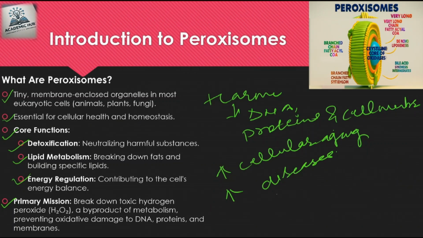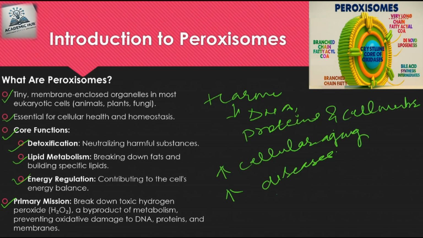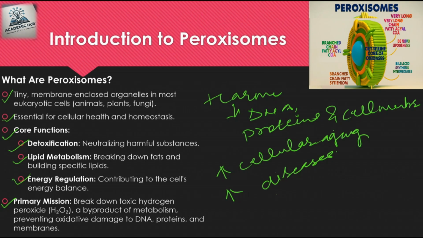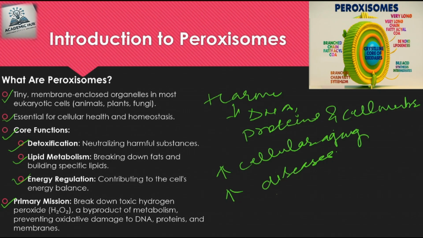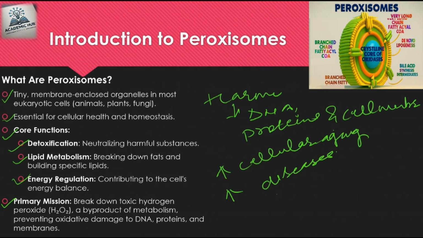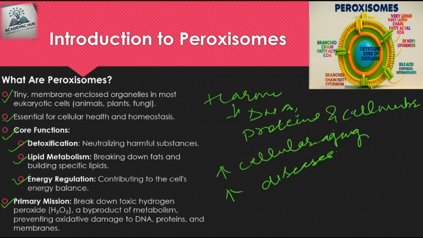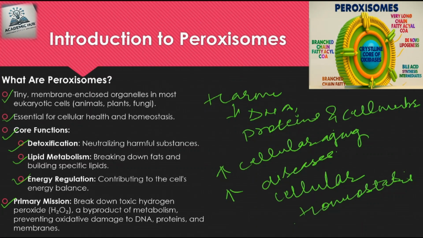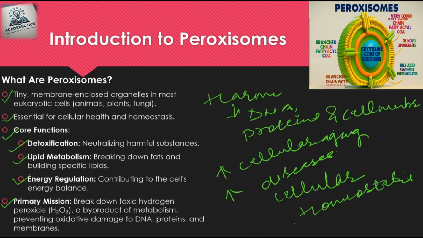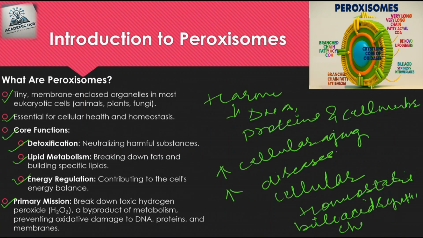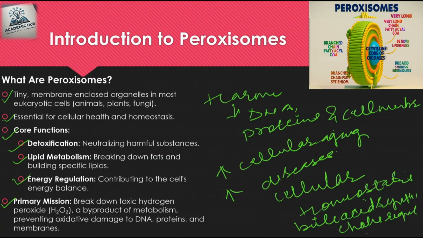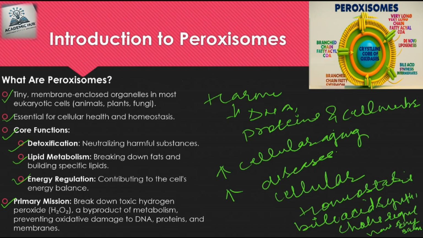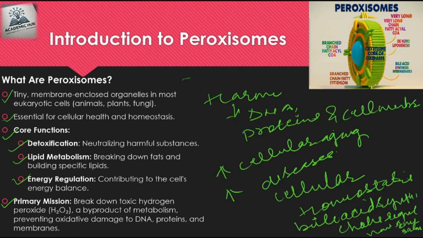These enzymes enable peroxisomes to break down fatty acids, synthesize specific vital lipids, and shield the cell from toxic molecules. So next we will know the primary mission of peroxisomes. As we already know, they are tiny membrane bound organelles essential for cellular health and homeostasis. Core functions are detoxification, as I already mentioned, lipid metabolism, and energy regulation. Furthermore, peroxisomes play a fundamental role in cellular homeostasis through their participation in bile acid synthesis, cholesterol regulation, and the maintenance of energy balance.